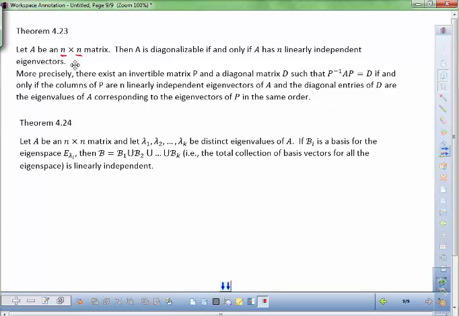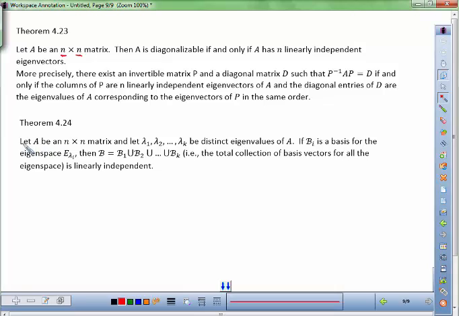But this confirms the idea that if the number of eigenvalues you have is less than the dimension of your matrix, then the eigenvalue that has multiplicity more than 1 will have a basis that's also linearly independent from all the other bases for the other eigenspaces.